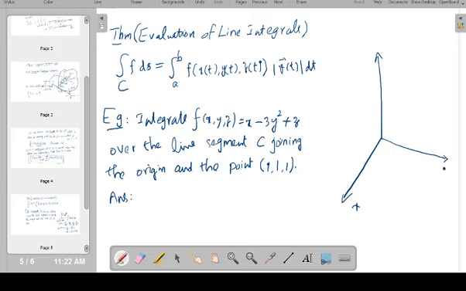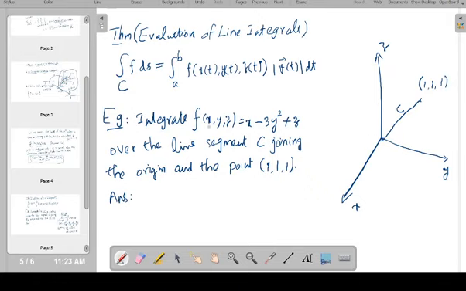X-axis, Y-axis, Z-axis. This is the origin. 1, 1, 1 is in the first octant. This is the line segment C.